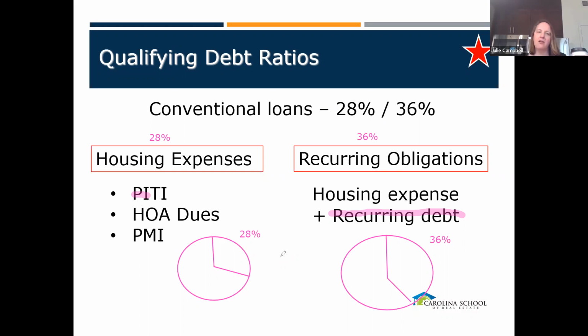Do you have any questions on the, we'll call it, income pie and the 28-36% ratios?